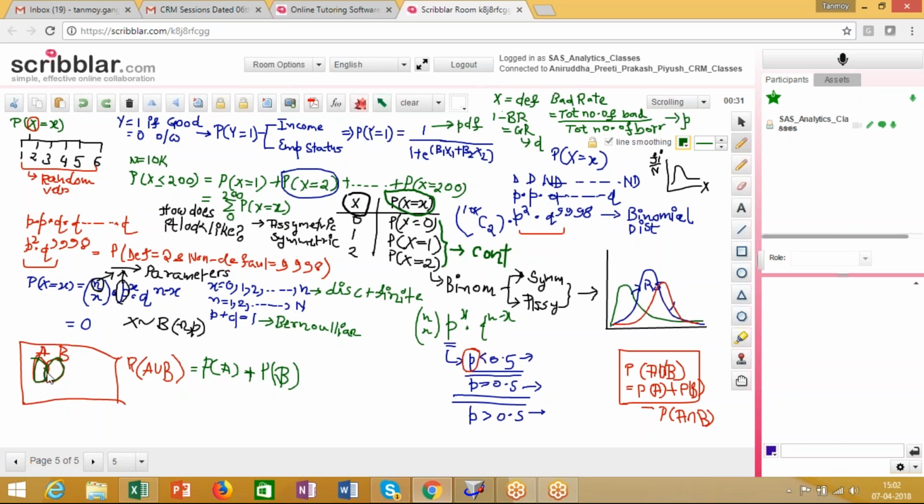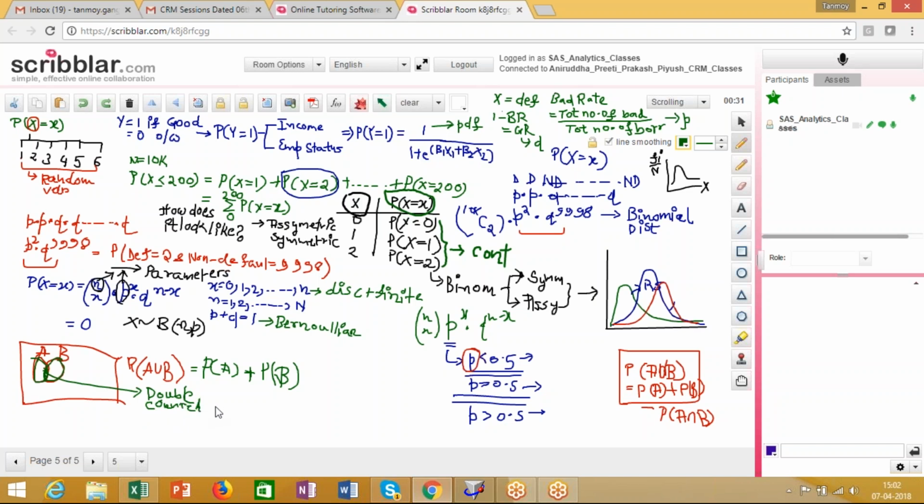Now you will observe that this interior portion is getting double counted. So A intersection B is counted twice.